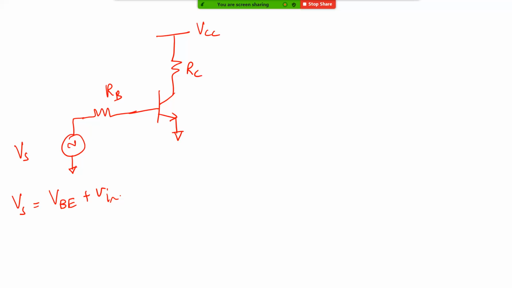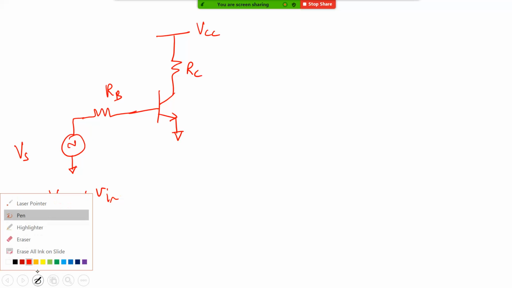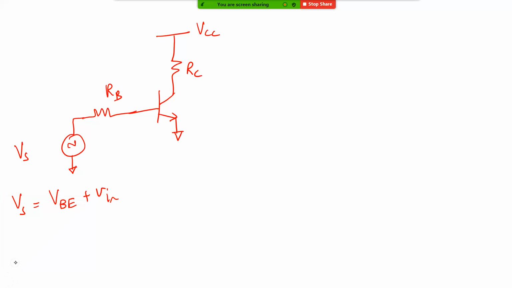Now, shall we draw the small signal equivalent circuit for this particular circuit? So how will this basically behave? First of all, let's draw the equivalent circuit of the transistor, which is what we have been seeing.